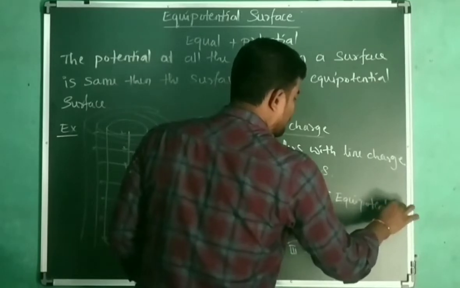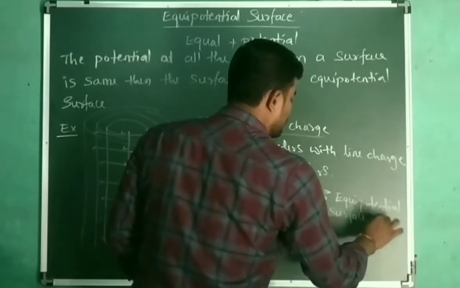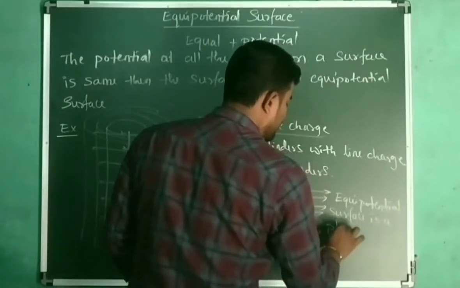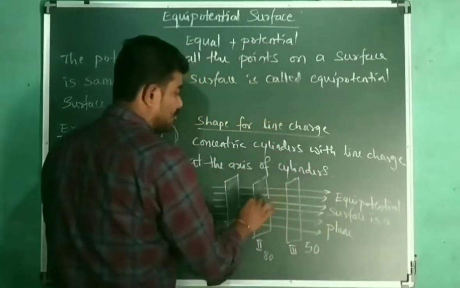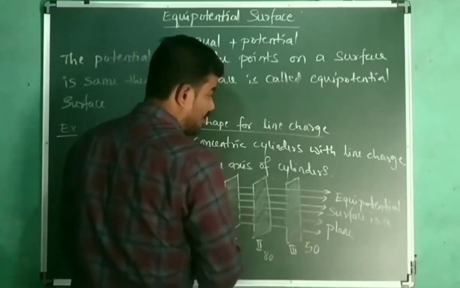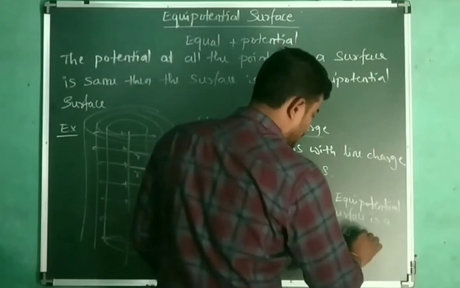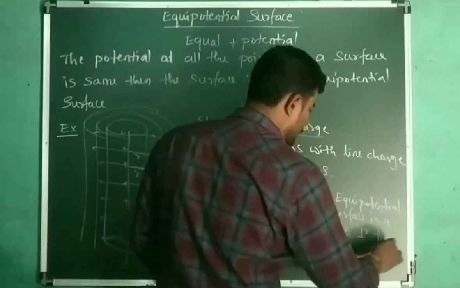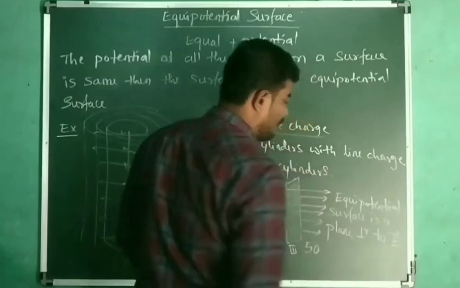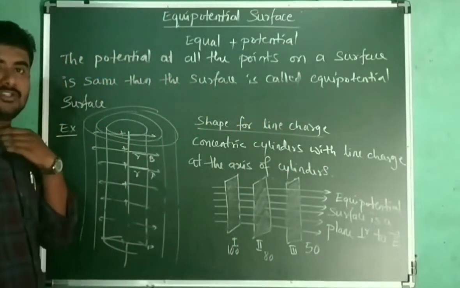Equipotential surfaces are planes actually, and these planes are at right angles to the direction of the electric field. The surface is a plane perpendicular to E. So these are some examples of equipotential surfaces.